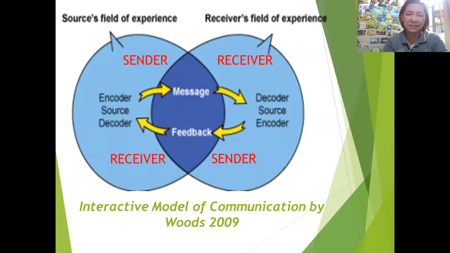But in the process, when the students have already answered the module and put their feedback or answers in the module, they then become the sender. They then become the encoder of the new knowledge. And when the module has been sent back, the teacher, the encoder, now becomes the receiver. He will be the one now to decode the new message that has been put by the learners.